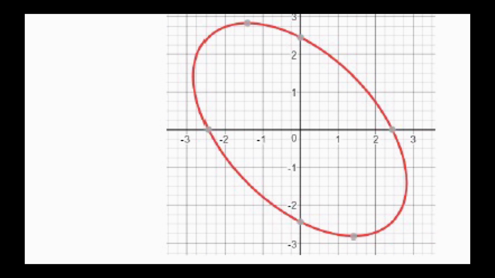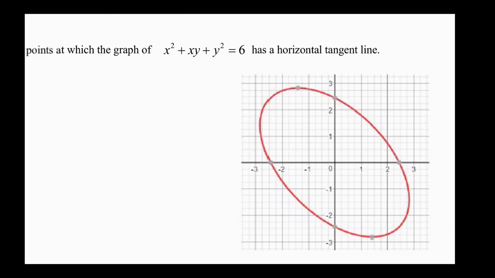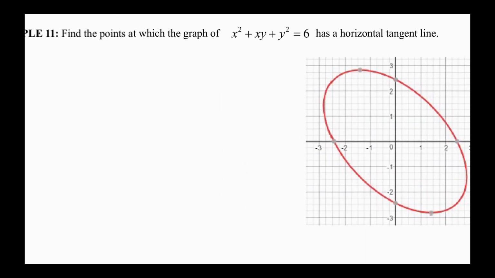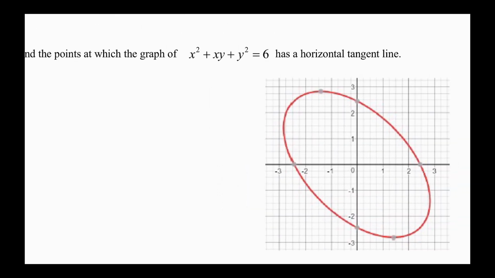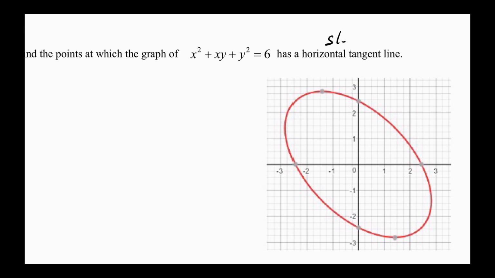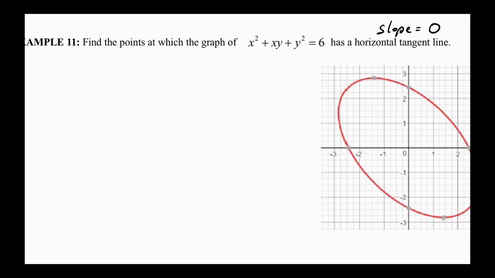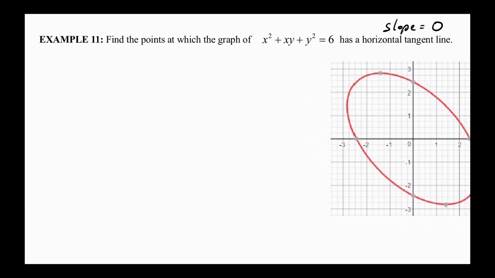So we should have 2 answers, 2 dots, 2 points. Slope is 0. Well, we're going to set the derivative equal to 0. So the first thing we have to do, if you haven't already done it, is find the derivative.